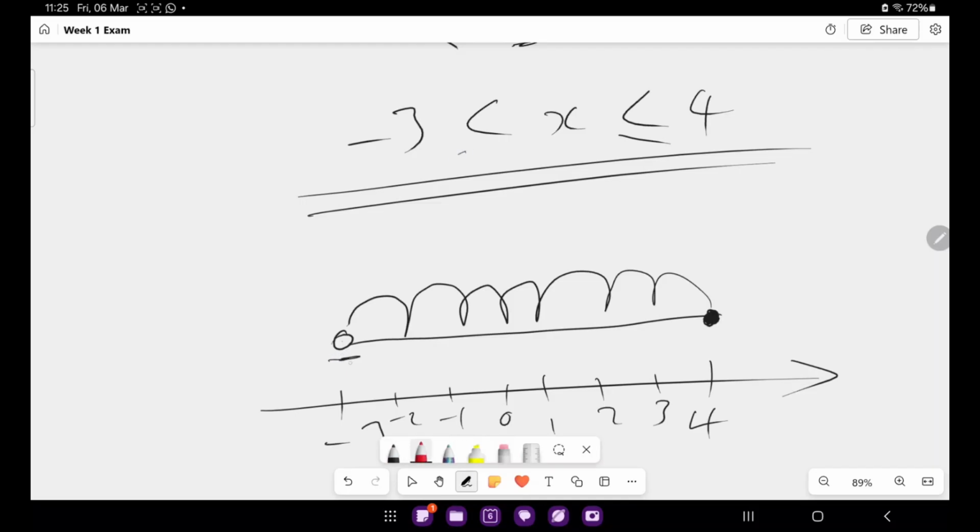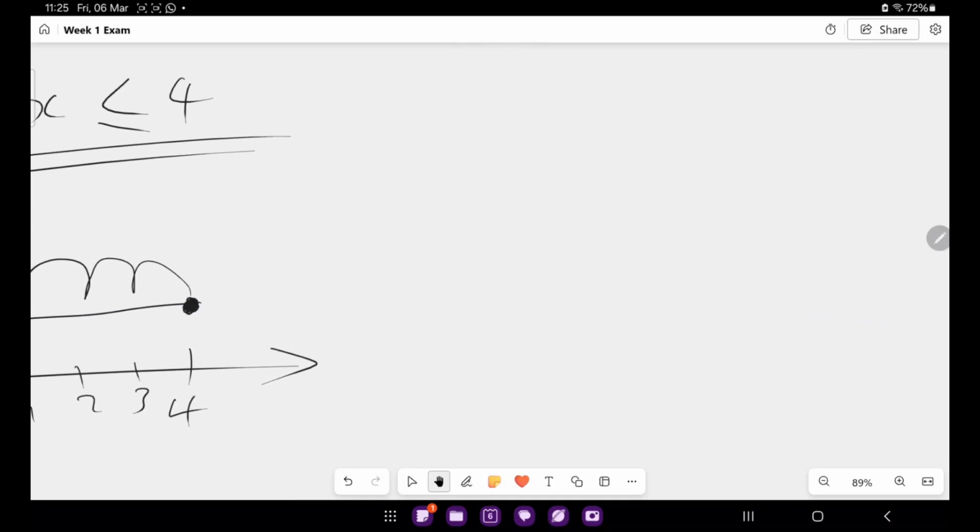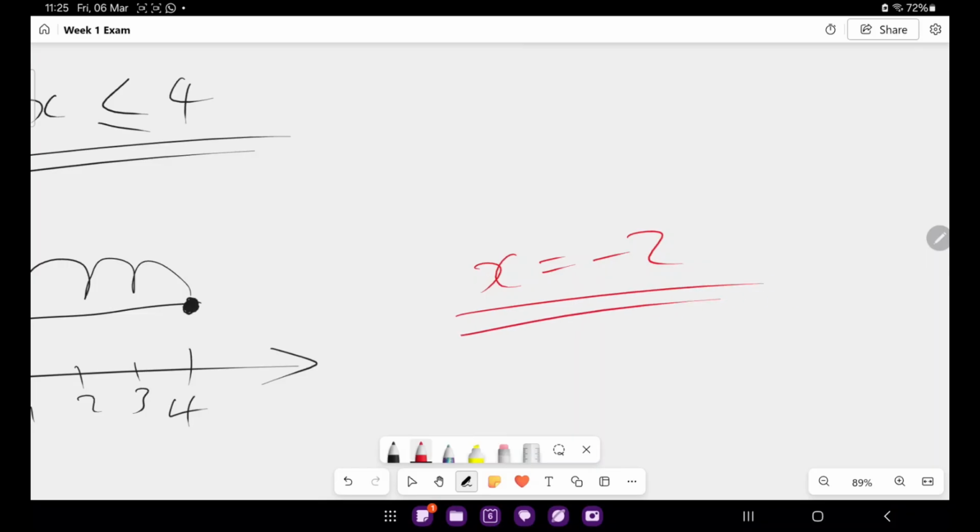There was supposed to be an 'or equal to' sign for us to include -3. But since there's no 'or equal to' sign, we have to go to the next number in front of -3, which is -2. So our least possible value is -2. So x is equal to -2.